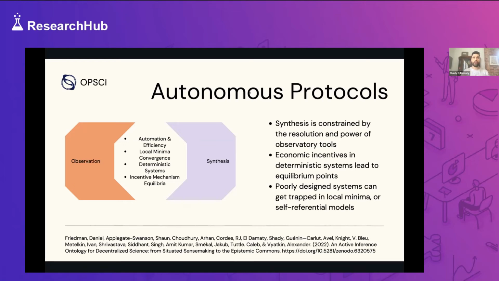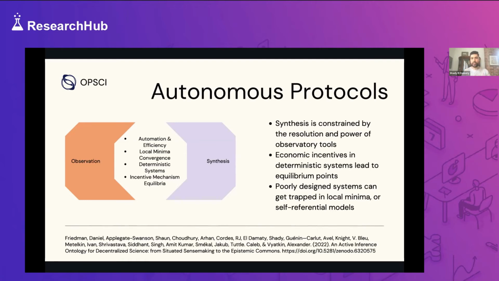So it's really important to remember that once things are automated, they're going to be really efficient at what they do, especially in a deterministic system. A deterministic system is going to do what it's intended to do. And incentive mechanisms, especially in economic systems, will converge to equilibria. And these equilibria can be self-reinforcing, right? And maybe I can give some examples of this in a minute.